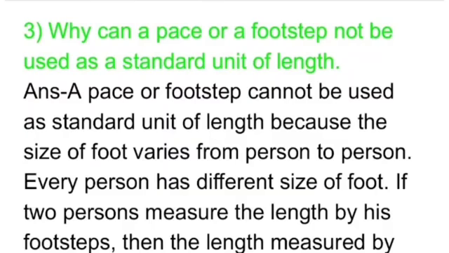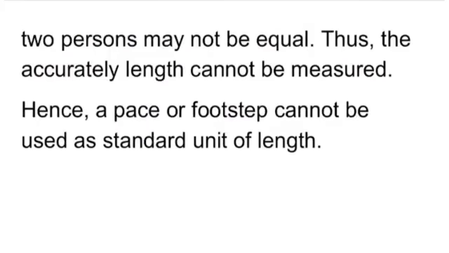Every person has different size of foot, and if 2 persons measure the length by his footsteps, then the length measured by 2 persons may not be equal. Thus, accurate length cannot be measured.